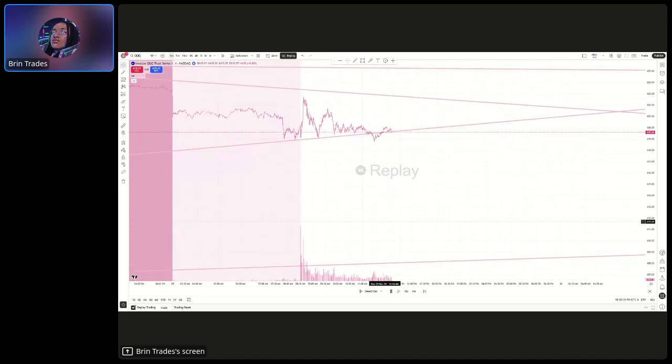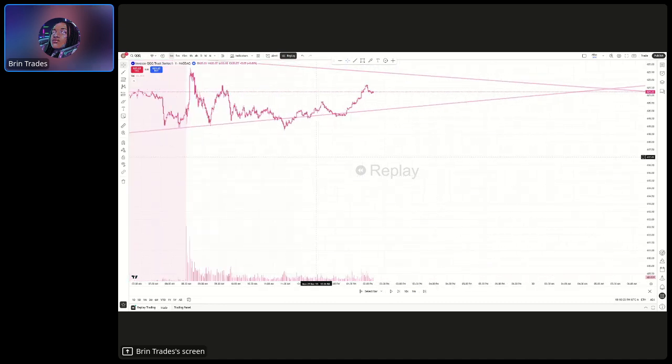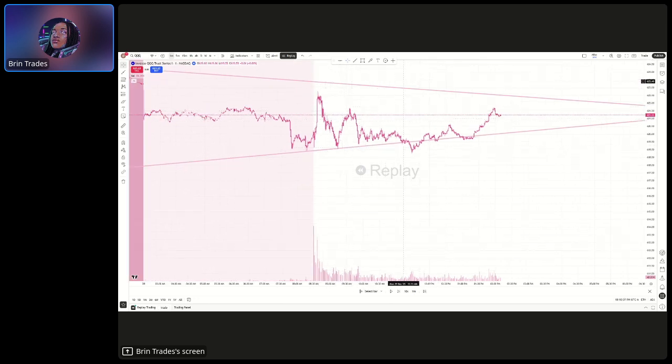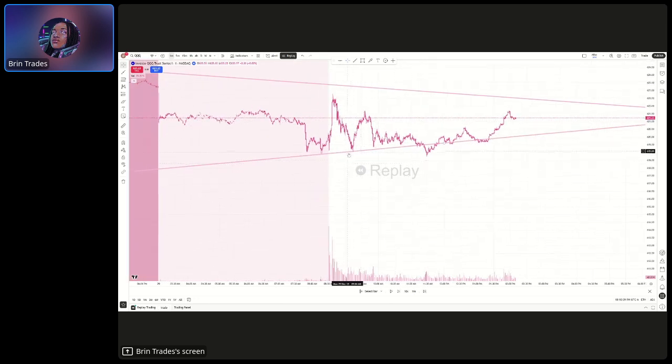Now, a reason why a lot of people may want to take puts in this section here is because it breaks the line. But because price is already in an uptrend, you would only be looking for movements to the upside. So let's say you're looking for movements to the upside and you're still in this trend line.